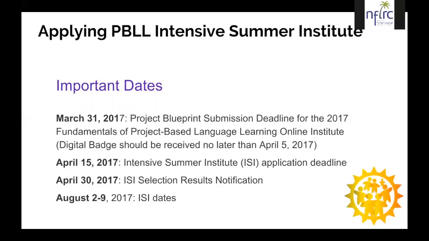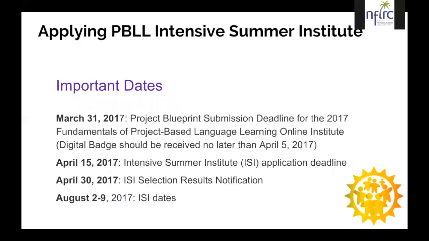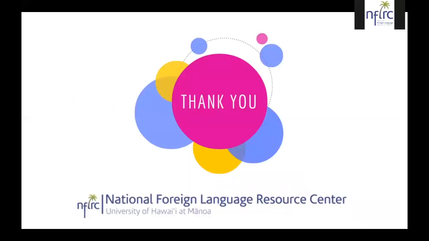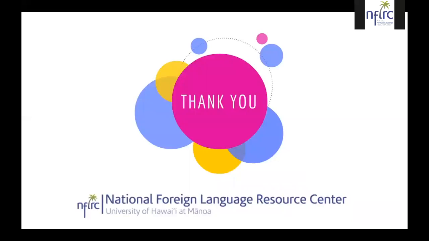And then August 2nd to 9th is the date for our Summer Institute. Okay, so those are important days for you who are considering joining us for the Intensive Summer Institute. Okay, so do you have any questions?